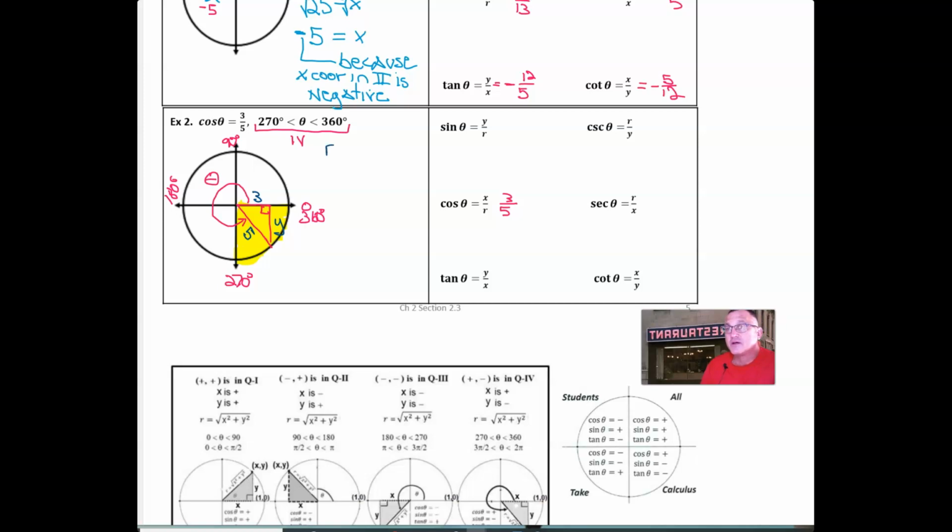So I've got r is equal to the square root. Now x I know and r I know. So this is going to be 5 is equal to the square root of x squared, so that's 3 squared plus y squared.